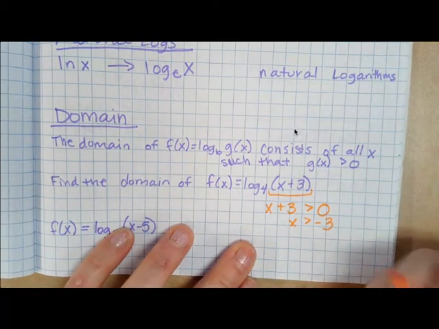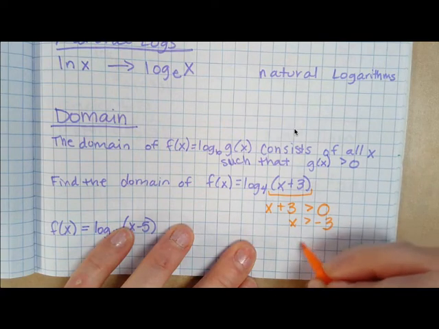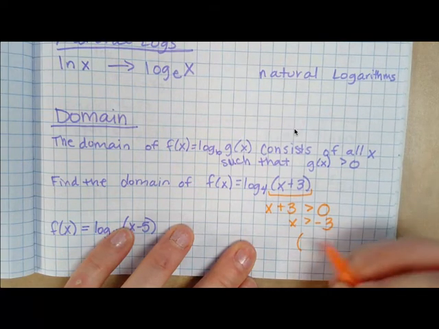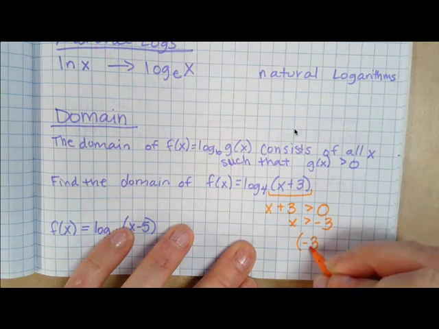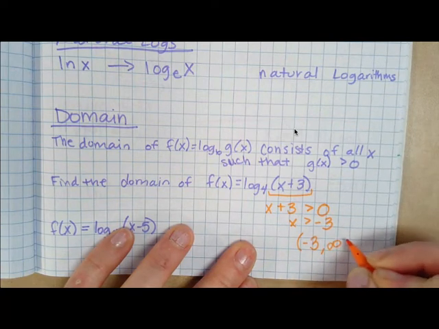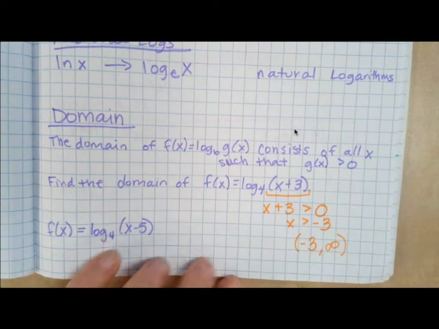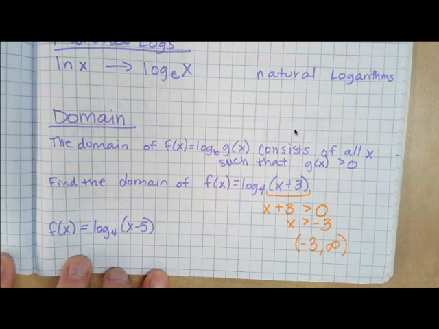So then our domain would be x values such that x is from negative 3 to infinity. That's our domain restrictions.